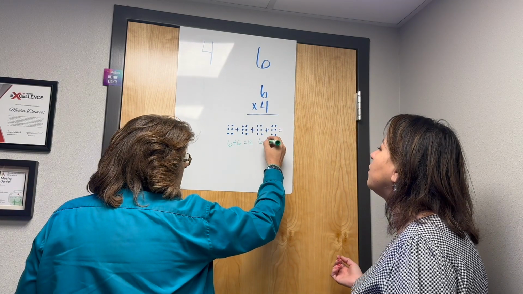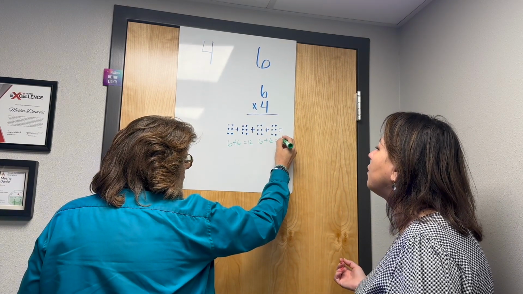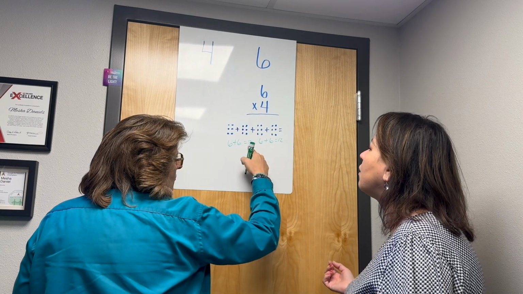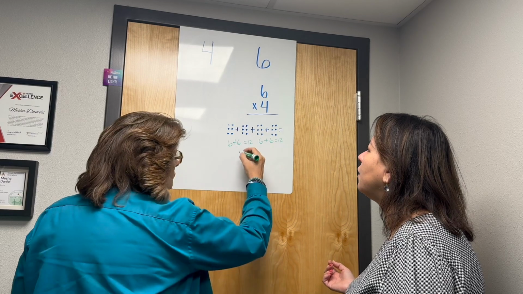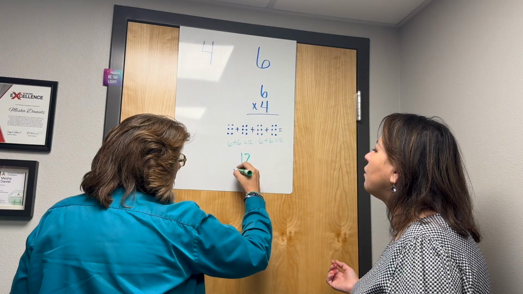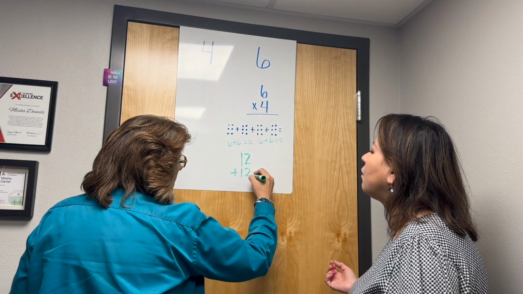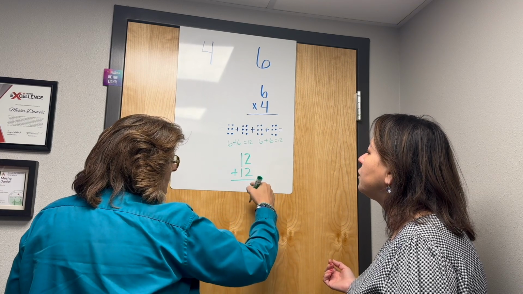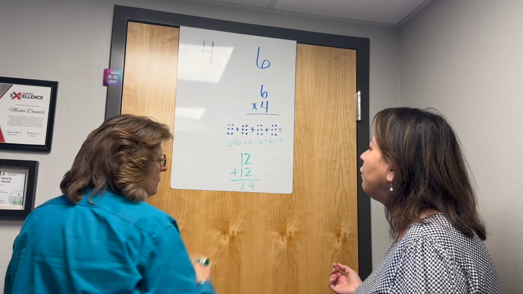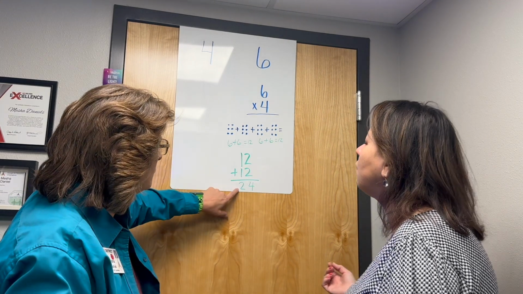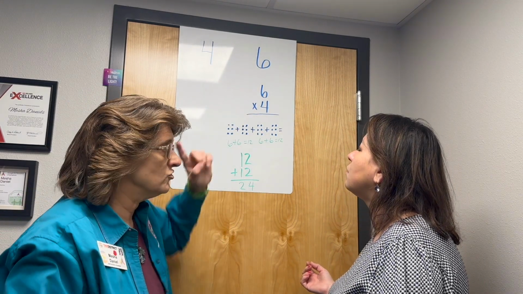So 6 plus 6 here equals 12. And now we can add these two numbers together. So we have 12 plus 12. 2 plus 2 is 4, and 1 plus 1 is 2. 24. And this number here, 24, 6 times 4 is 24.